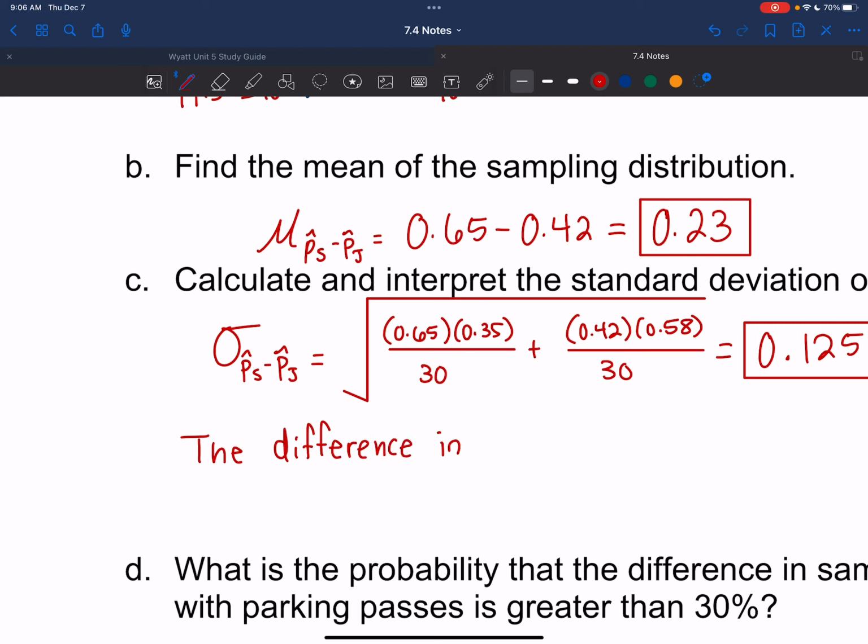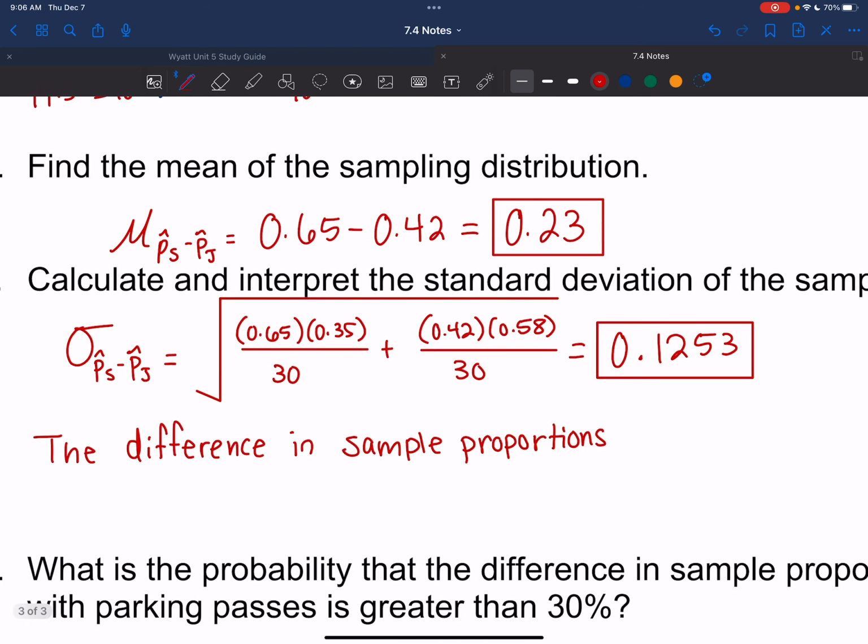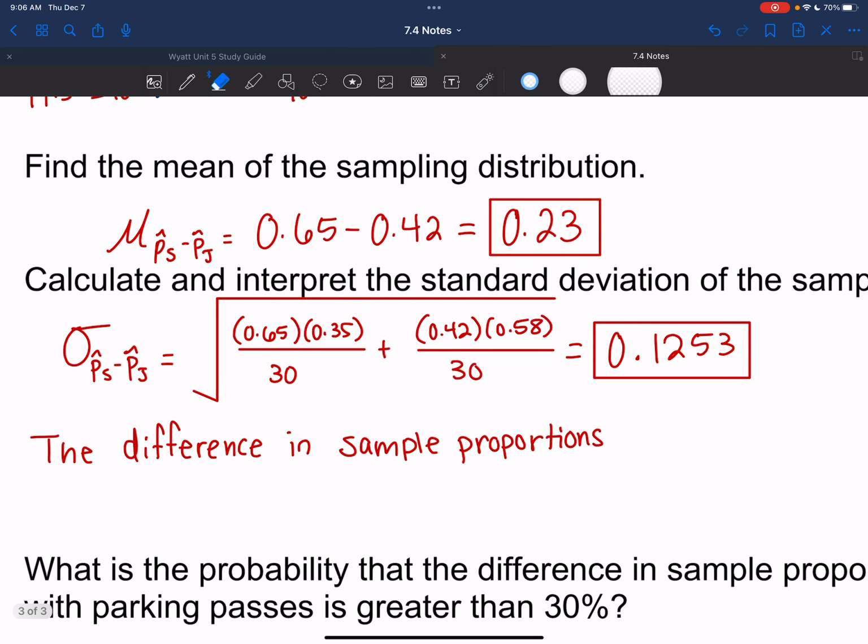And so if it's asking to interpret, we can just say the difference in sample proportions who have a parking pass, because that's what we're talking about, right?